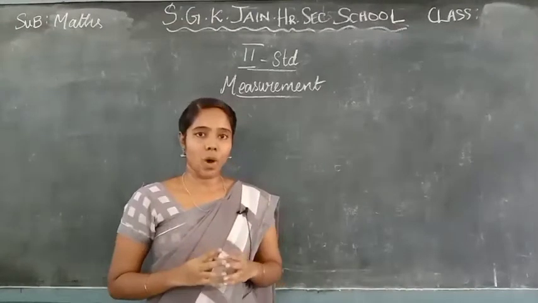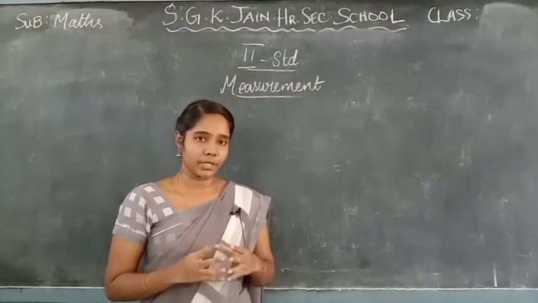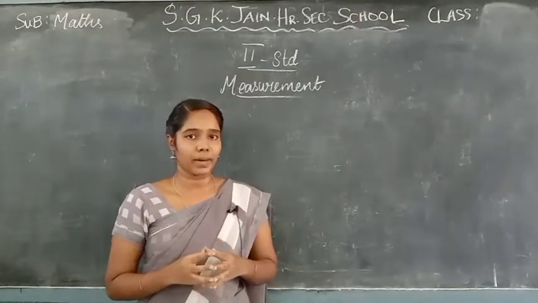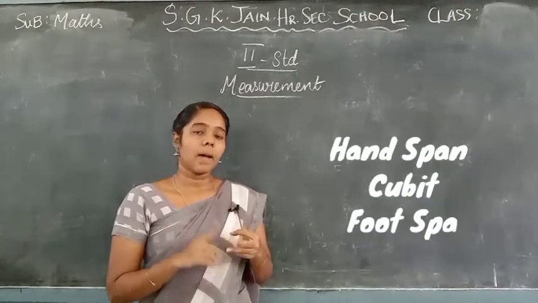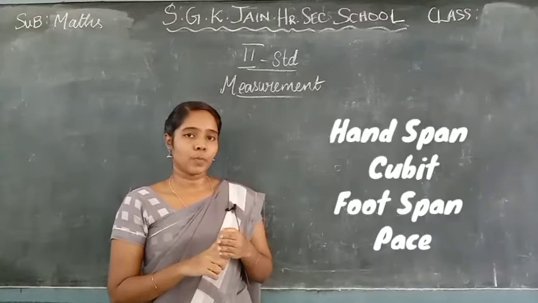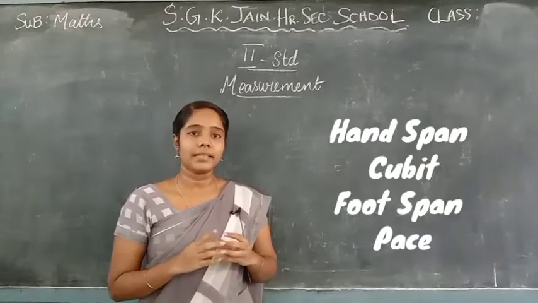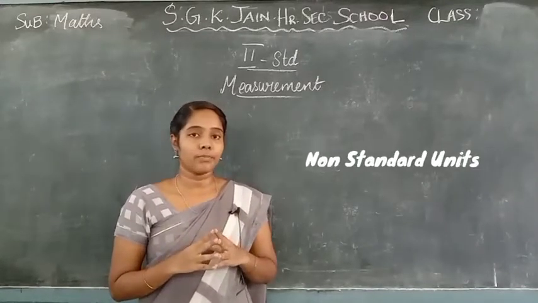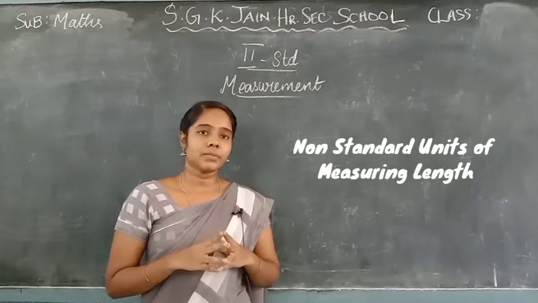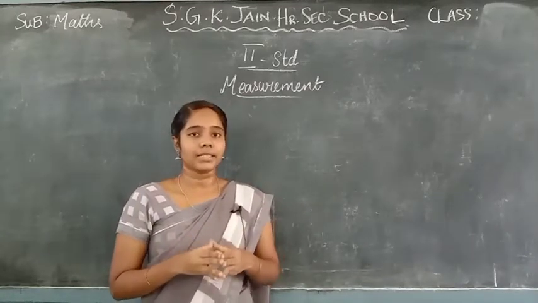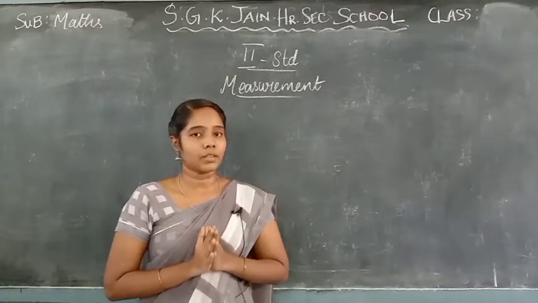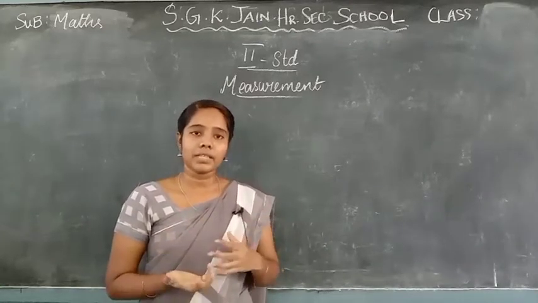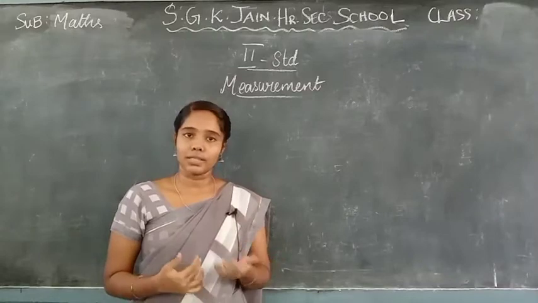So now we saw the names of measuring units using body parts, right? Hand span, cubit, pace and foot span. These are all called non-standard units of measurements. Let us measure some of the objects that we use in our life using these non-standard measurements, and we will see why they are called non-standard units.